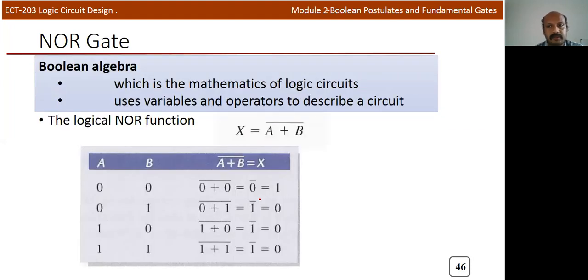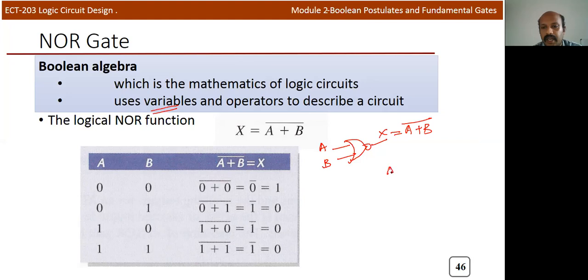Now we'll discuss the Boolean function indicating the NOR operation. Boolean means instead of drawing this circuit, I can represent it by using variables and operators. So if we take a NOR gate, assume that these are the inputs A, B, and the output is X. This output I can represent as the OR operation and the whole bar: A plus B the whole bar.